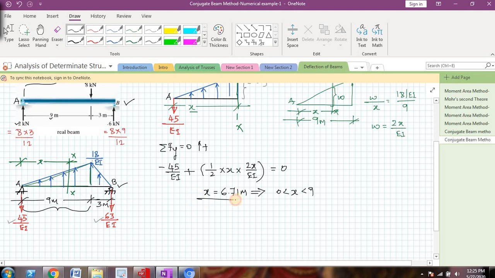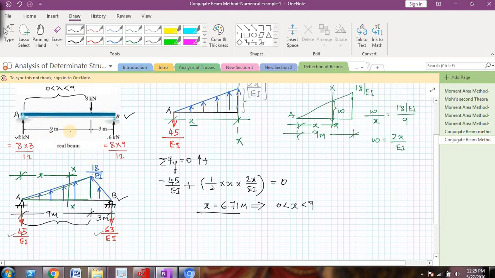Now this is the point where on the conjugate beam you will get zero shear force, and that is the point on the real beam where you will get zero slope, or maximum deflection. We know that at a distance of x equal to 6.71 meters from support A, you have zero shear force on the conjugate beam or zero slope on the real beam.